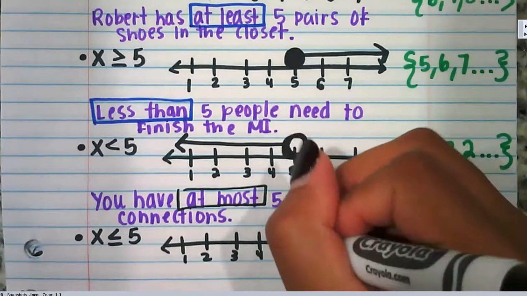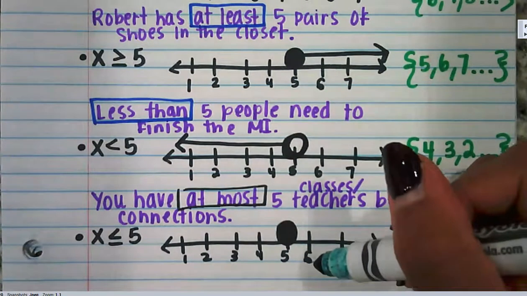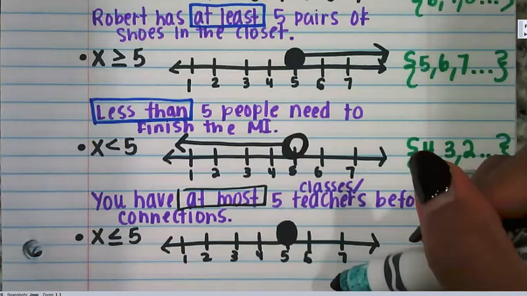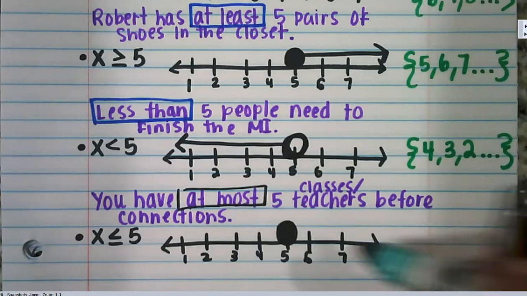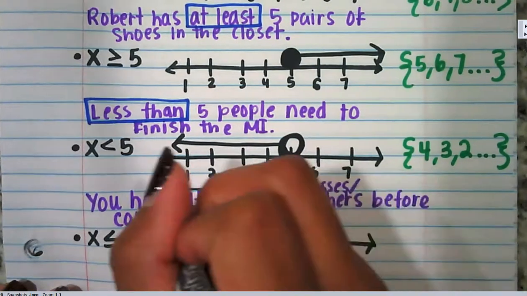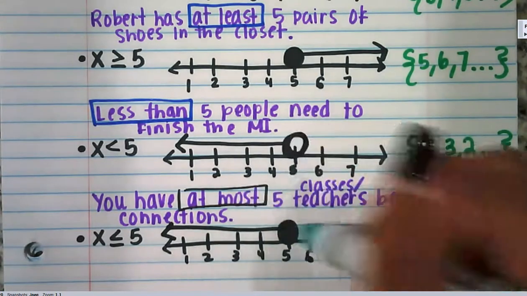So 5 is in our data set. Can we have 6 classes? No. Well, that's higher than 5, and 5 is the maximum. So the numbers that would be included are the numbers that are less than 5, because this is the top.